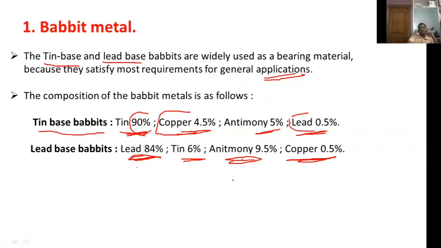In tin based babbitts, the majority of the composition is tin, 90% tin, so it is called tin base babbitts. In lead based babbitts, we are using 84% lead, so these babbitts are called lead based babbitts.